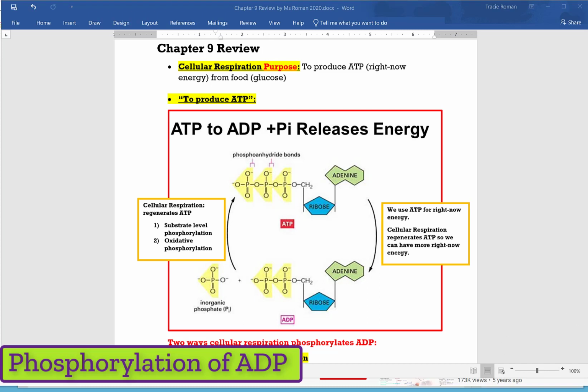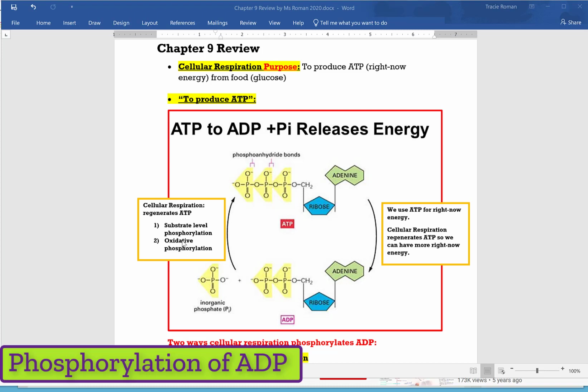So in these orange boxes here, on the right, this is the process where we're actually using the ATP right this very second. And then the orange box on the left describes how cellular respiration will regenerate ATP.